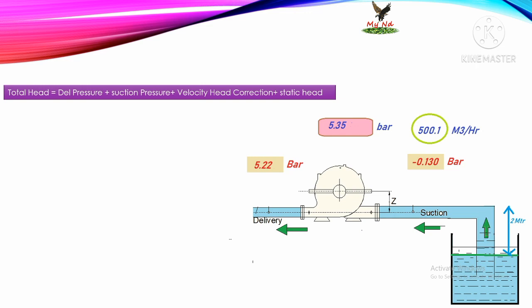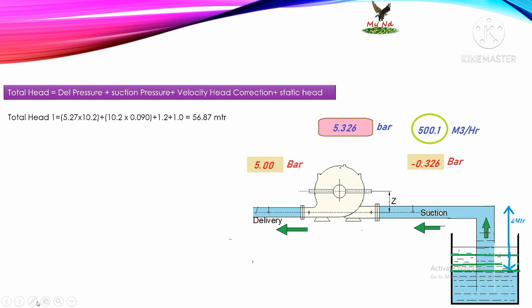So here we substitute the values. Total head is equal to delivery head 5.27 meter, suction head 0.09 multiplied by 10.2 to convert bar to meter, 1.2 is the velocity head correction and 1.0 is the static head, from gauge center to impeller center, which is 1.0 meter.